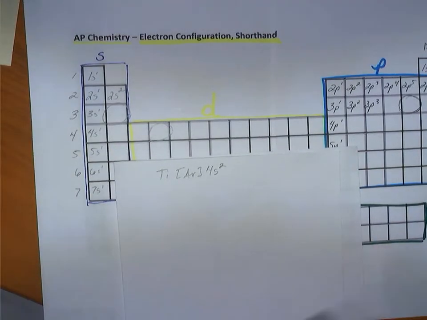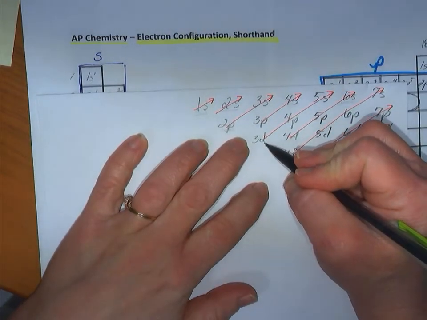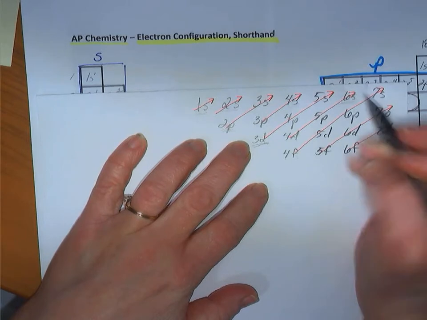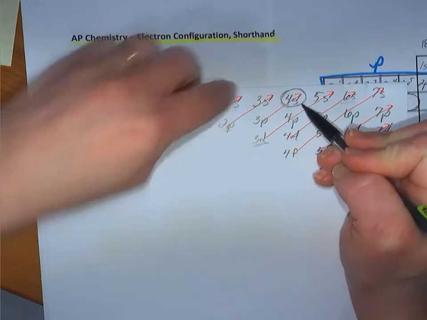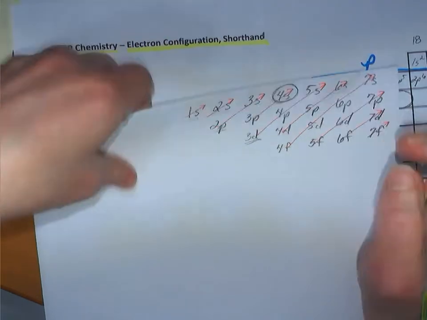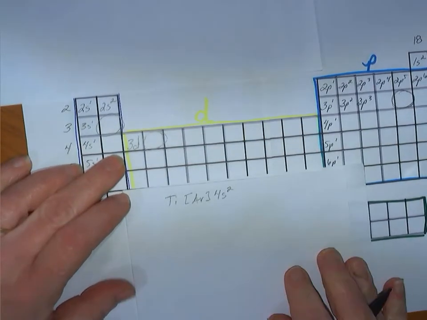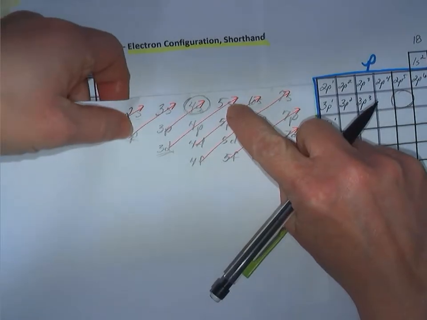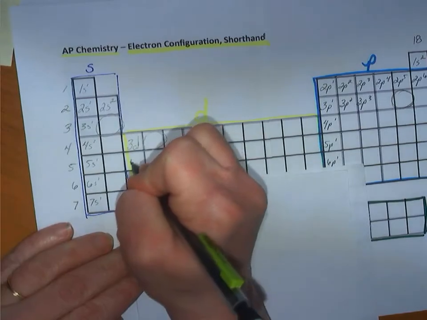Okay, but let's go to the off-bar chart. We first encounter D in the third energy level after 4s. So after 4s, this will be 3d. And then after 5s, that's when we get 4d.